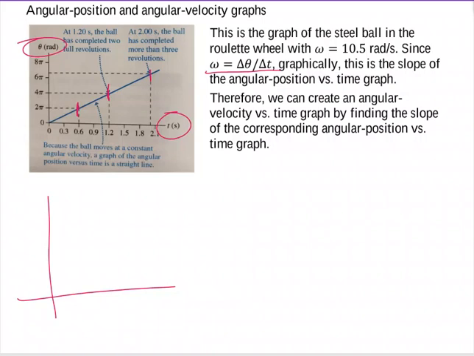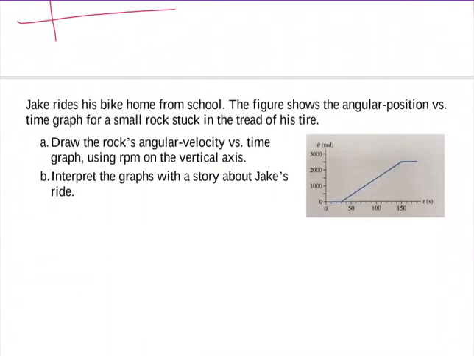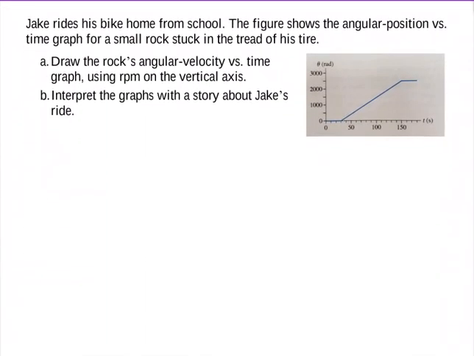Our angular velocity is going to be some horizontal line. Whatever that angular velocity was that we calculated, it's going to be that value right there, and that's going to be horizontal. So that's the idea.